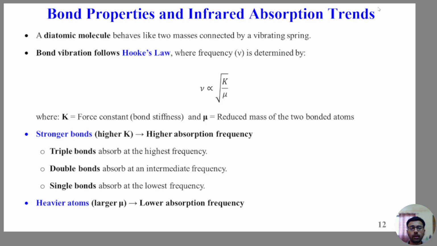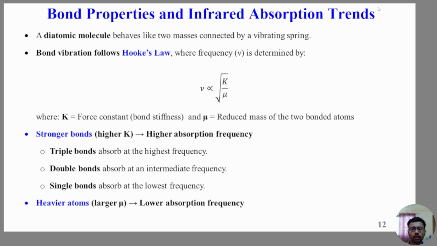The first variable is K, that is the force constant. In chemical terms, this represents the bond strength. A larger value of K means the bond is stiffer and stronger. A smaller value of K means the bond is weaker and more flexible. The second variable is mu, called the reduced mass.